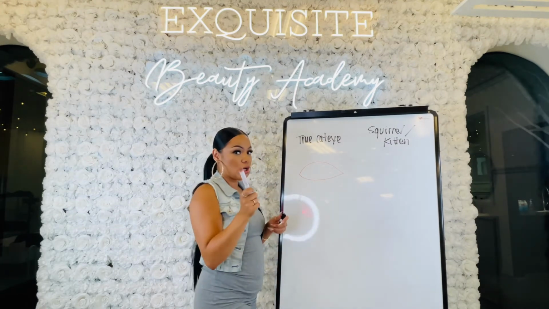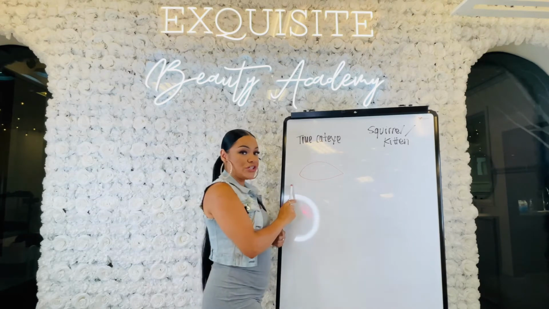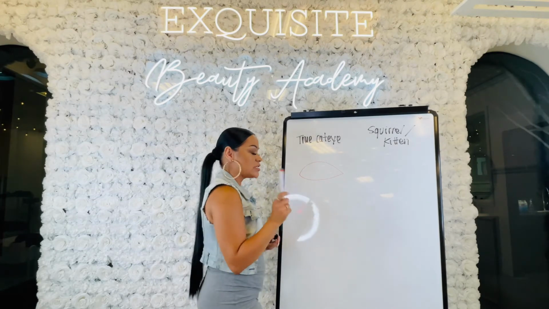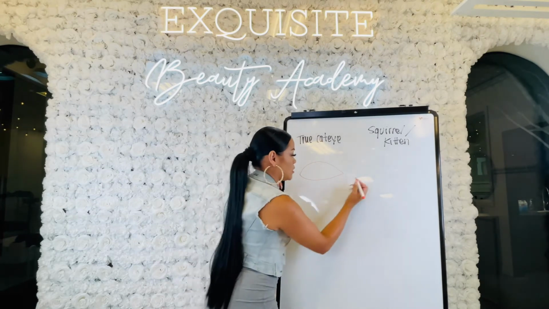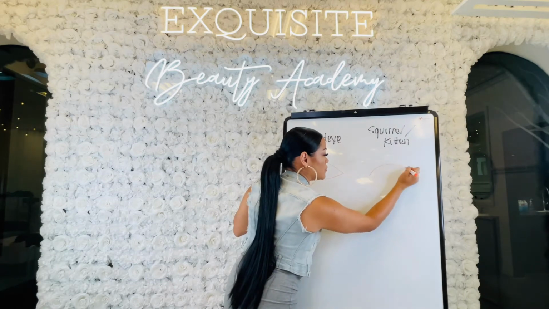And actually, I want to go over a few points on eye shapes before we jump into the cat eye, so it makes a little bit more sense. So let me draw a few on here.